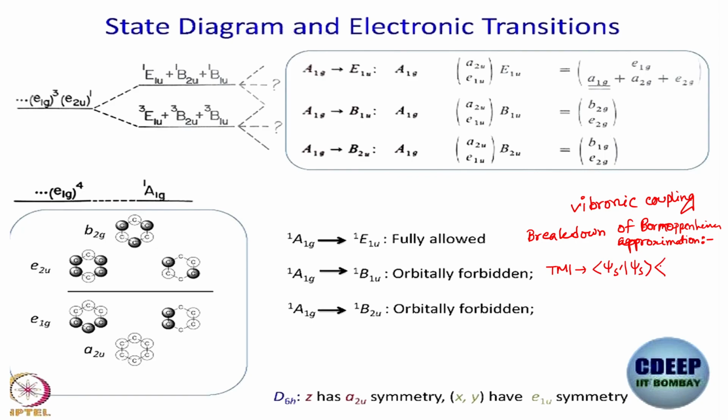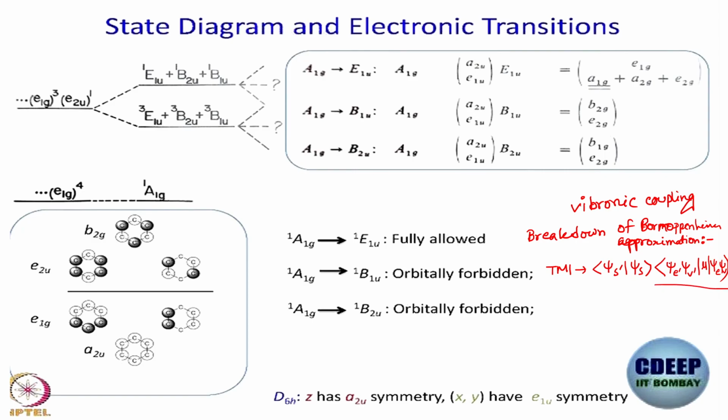But now my vibrational state and electronic states are together. So if I write it as mu psi e psi v. Okay, so I am considering this.